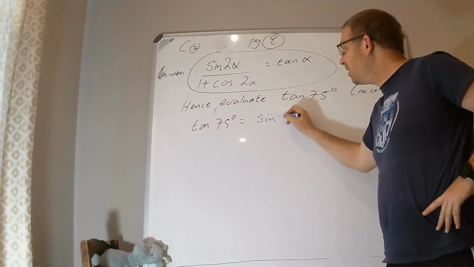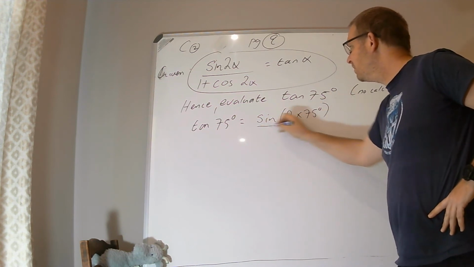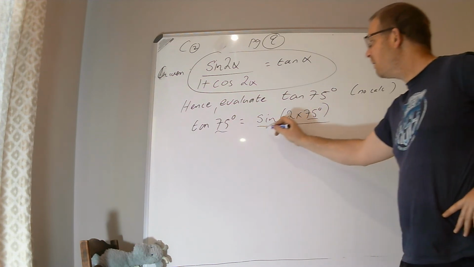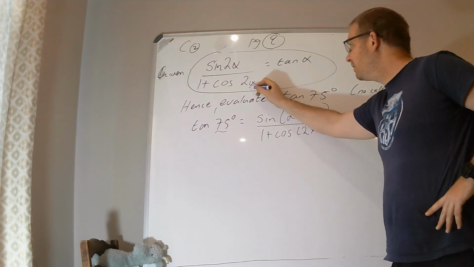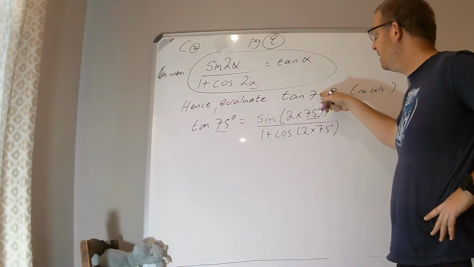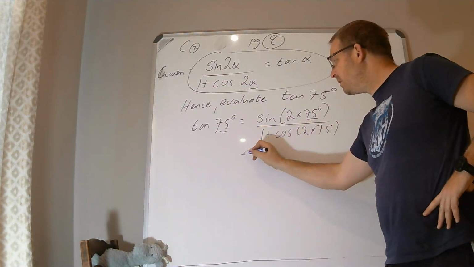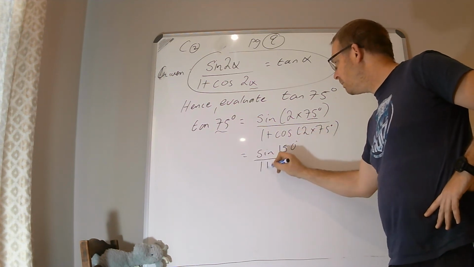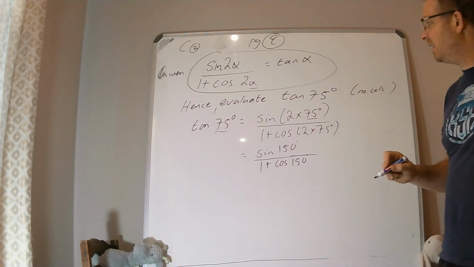It's going to be sine of 2 times 75 over 1 plus cos of 2 times 75. Essentially, you're subbing in alpha for 75 degrees. So what do we end up with? Sine 150 over 1 plus cos of 150. And the question is evaluate that without a calculator.